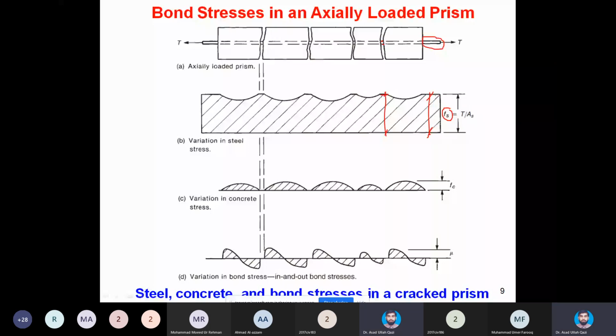So you will notice that between these two portions, where the bar is still encapsulated by the concrete, some of the stresses are taken by the concrete. So there is a little drop in bar stress, a dip, and this actually is taken by the concrete. So the maximum is almost right in the middle between two cracks, or the exposed portion.